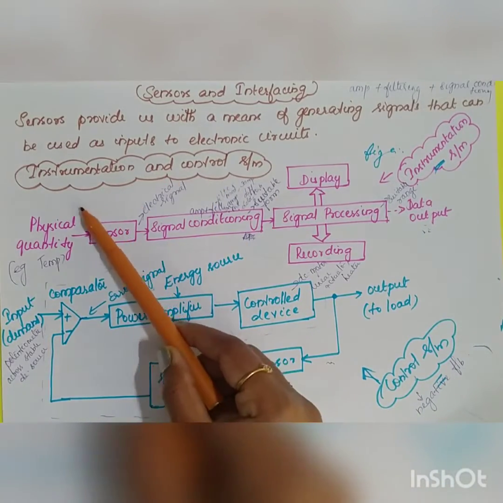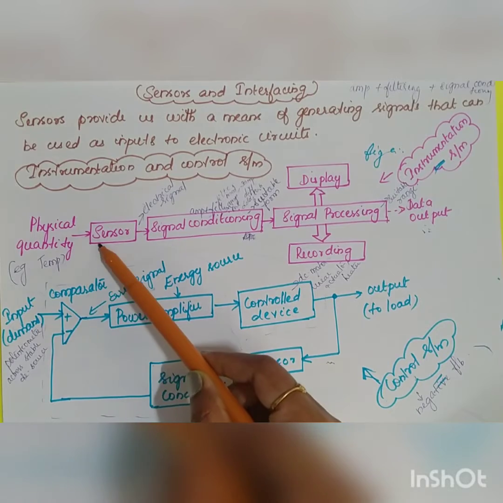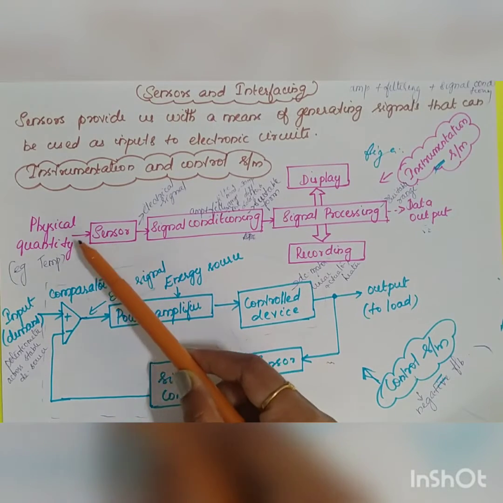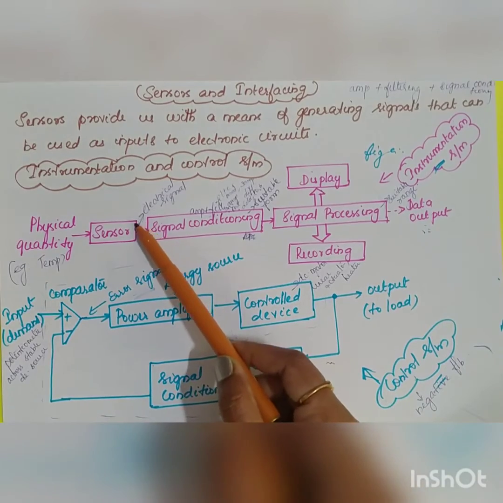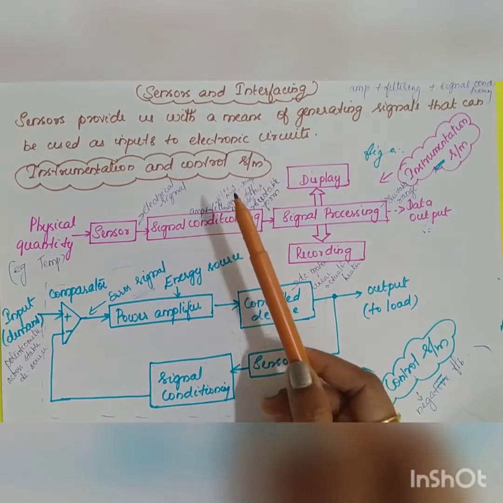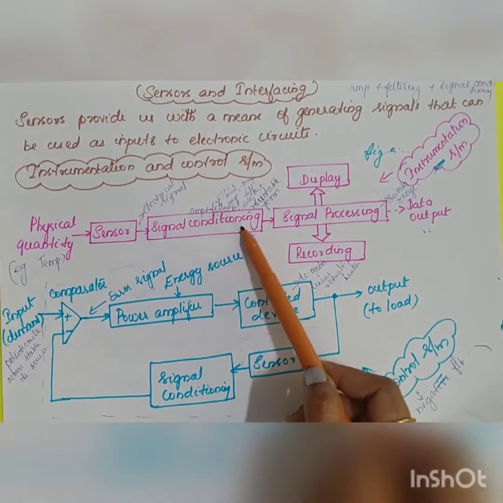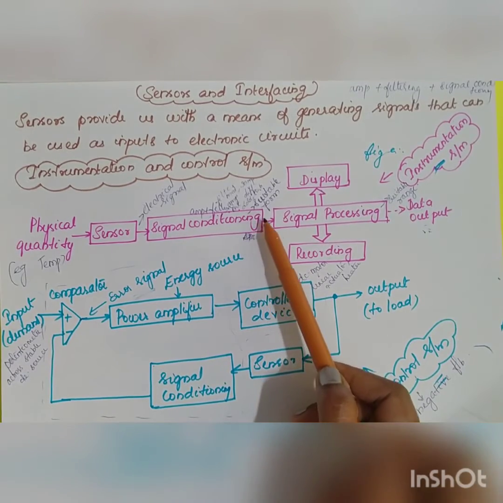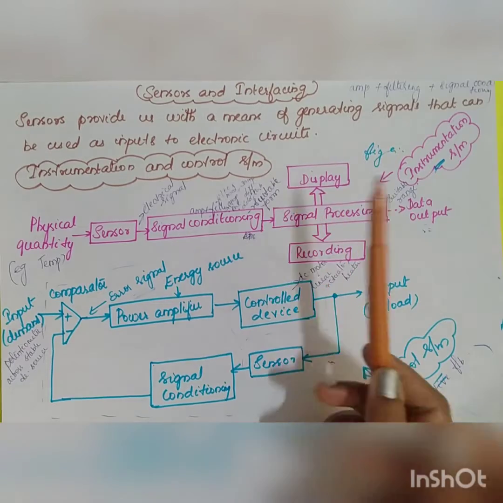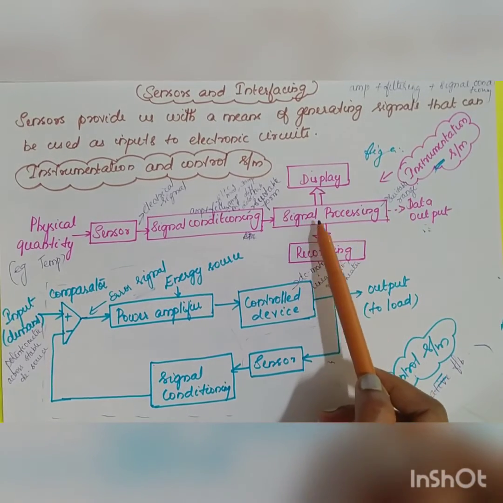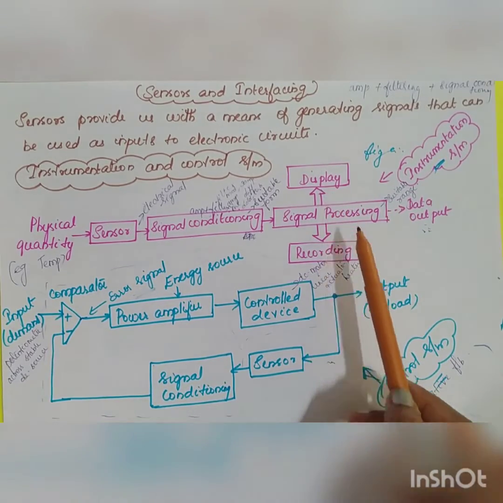The instrumentation system basically consists of the input, which is going to be your sensor, which senses the physical quantity, for example temperature. The output of the sensor is going to be an electrical signal, which is given to the signal conditioning circuit, which makes the signal into a suitable form for the next stage. The next stage is going to be signal processing, display and recording.